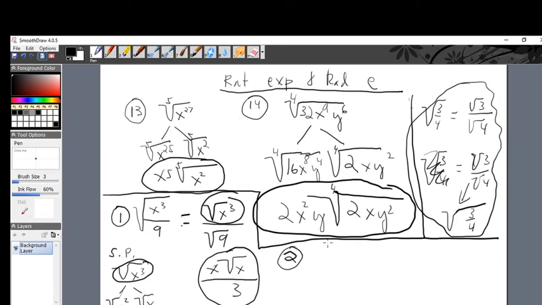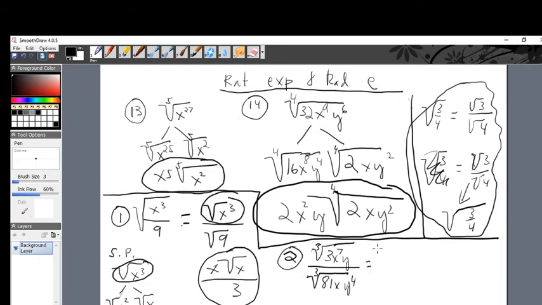Number 2: what if you have the cube root of 3x to the 7th y, over the cube root of 81xy to the 4th?